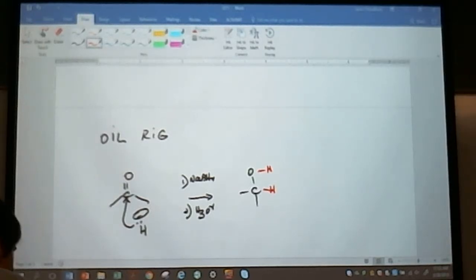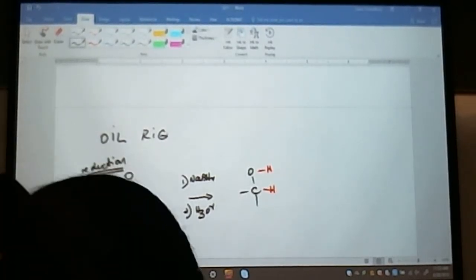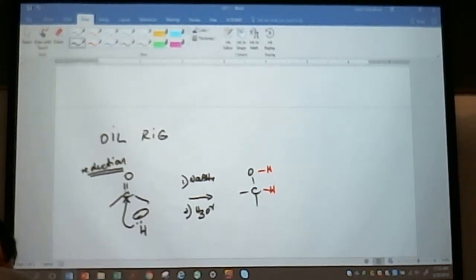So my carbonyl has been reduced to the alcohol. This would be a reduction. A reduction because we're adding electrons. Reduction is the gain of electrons. So the carbonyl is gaining electrons from the hydride. So it's a reduction, okay?